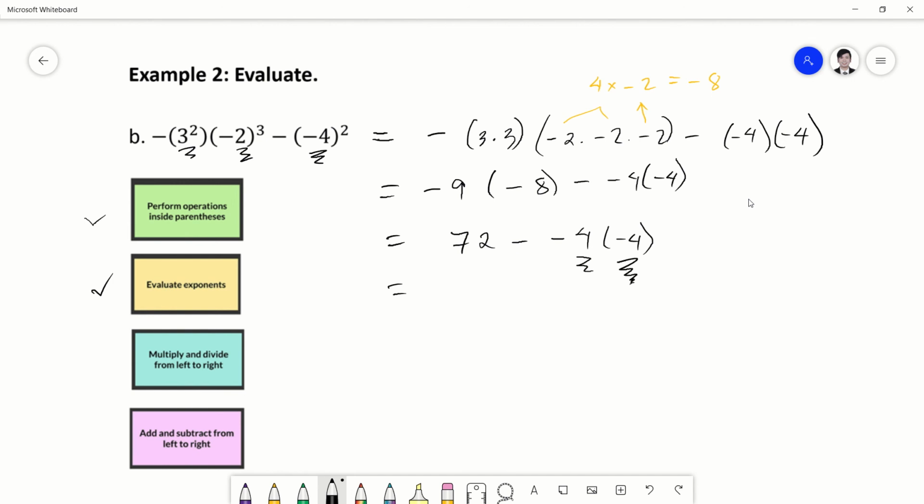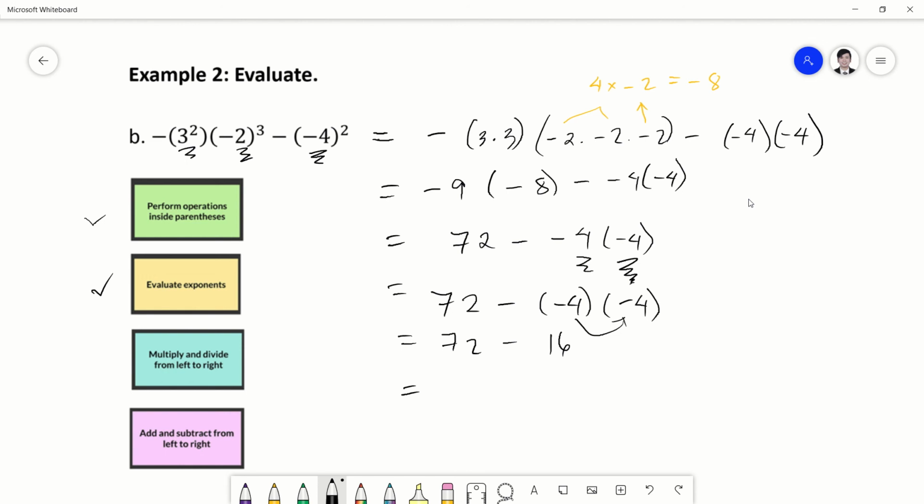So that can be written as 72 minus negative 4 times negative 4 to lessen the confusion. Negative 4 times negative 4, because they have the same sign, will turn out to be positive. 4 times 4 is 16.